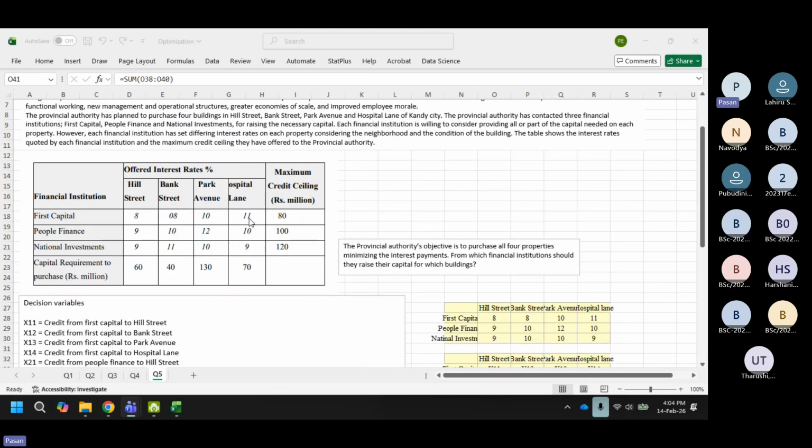Whatever the amount you are getting, this is x11, x12, x13, and x14, so that total must be less than 80. That's the total amount that you're getting here without worrying about the interest rate. So that's less than 80, and this is less than 100 and 120.